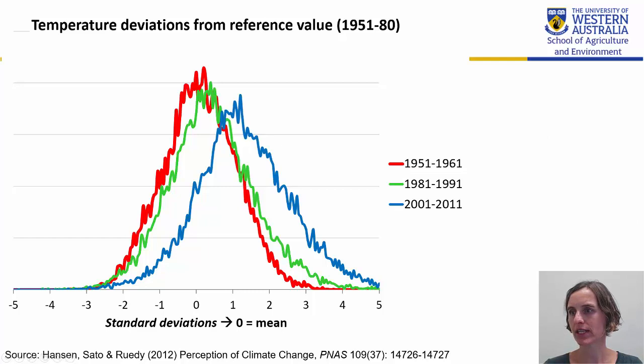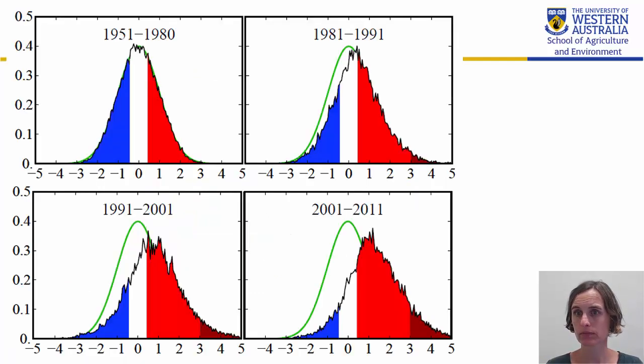Now let's look at the deviations for each individual decade. They also plotted as a normal distribution. So it's the same information, just presented a little bit differently. You see here is the average, that's the base period.